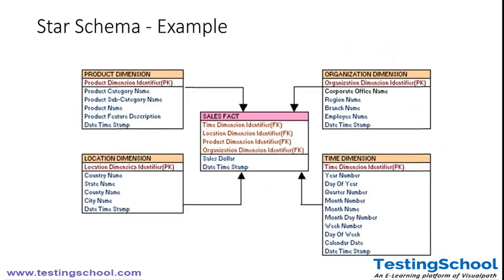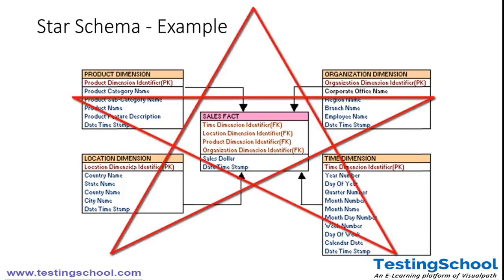Now, let's take a look at the example we have been looking at from the beginning, which is the sales fact surrounded by product dimension, location dimension, organization dimension, and time dimension. Assume our data warehouse stores sales data and the different dimensions, as we just spoke. In this case, this figure represents our star schema. The lines between two tables indicate a primary key and foreign key.